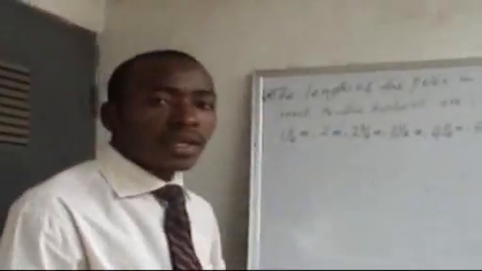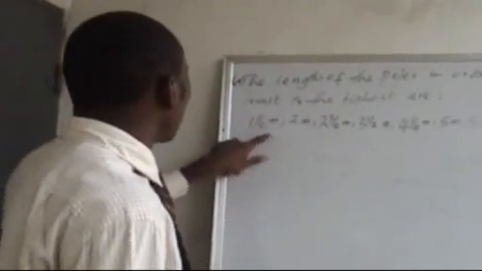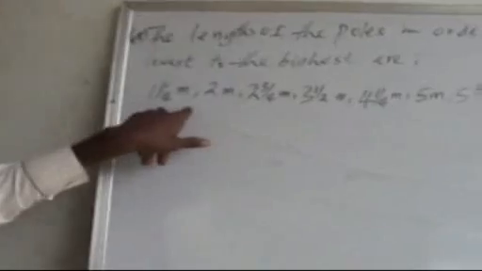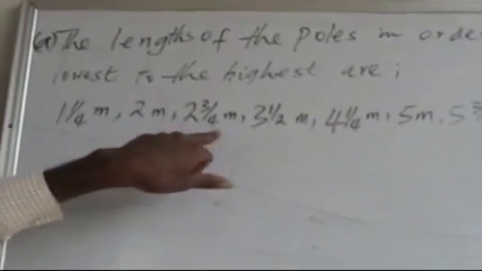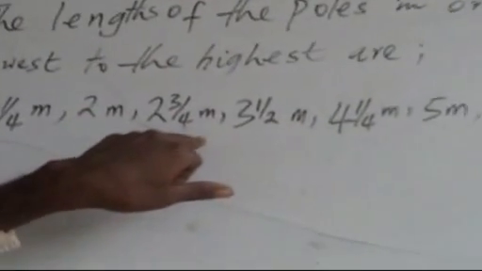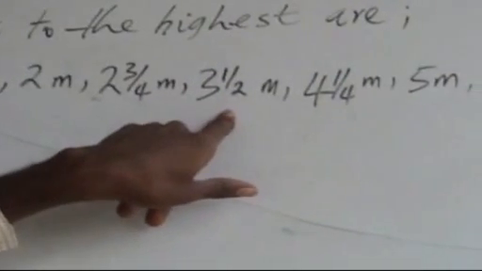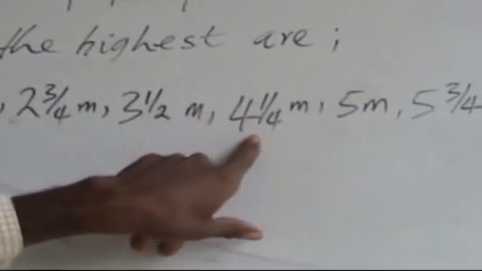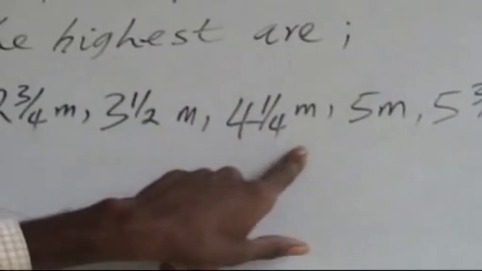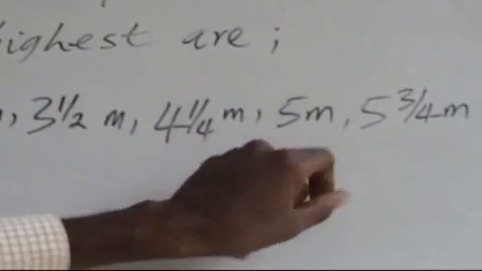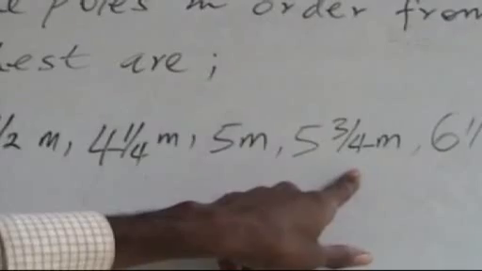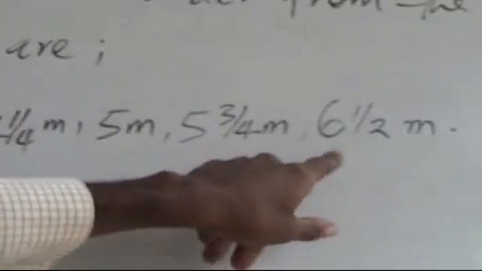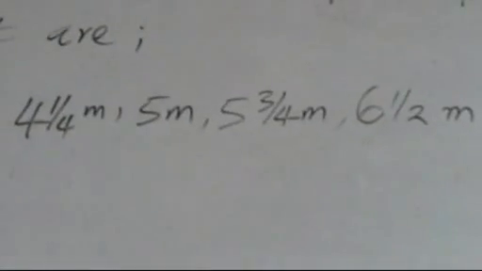Here are the lengths of the poles in order from the lowest to the highest. 1 whole number 1/4 meters is the length of the first pole. 2 meters is the second pole. 2 whole number 3/4 meters is the third pole. 3 whole number 1/2 meters is the fourth pole. 4 whole number 1/4 meters is the fifth pole. 5 meters is the sixth pole. 5 whole number 3/4 meters is the seventh pole, and 6.5 meters is the length of the eighth pole.